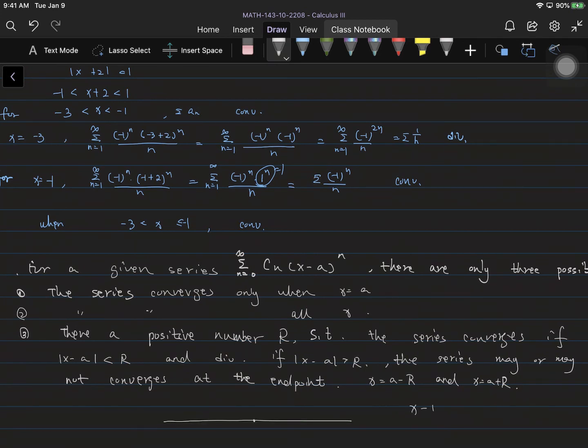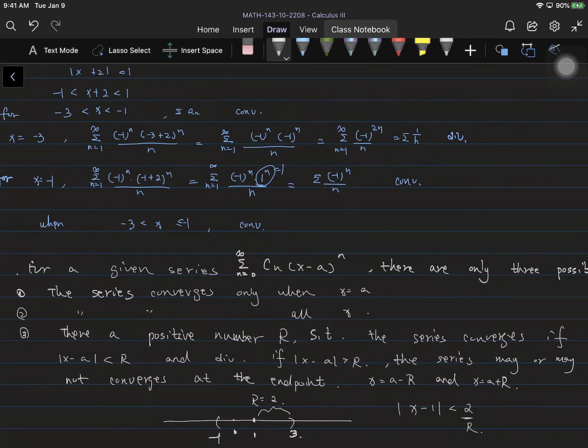For example, the absolute value of x minus 1 less than 2. What's the meaning? So here's 1. This is 2, so here's 3, and here's 0, so it should be -1. So from -1 to 3, what is our r? r is 2.